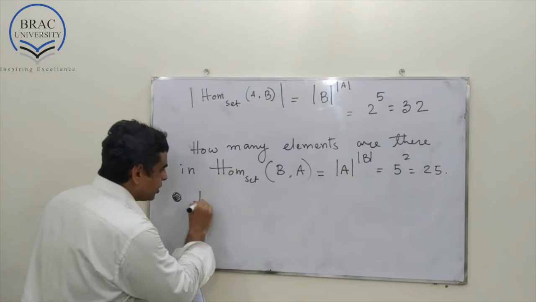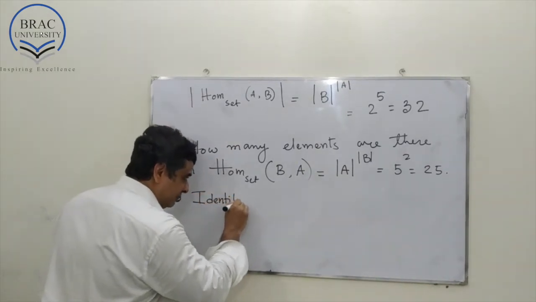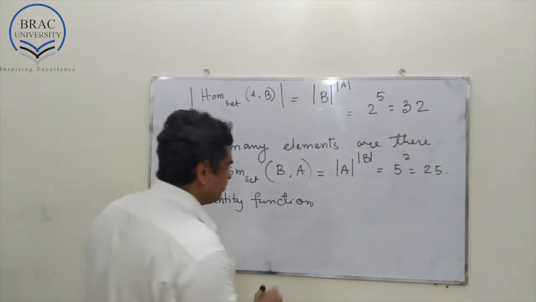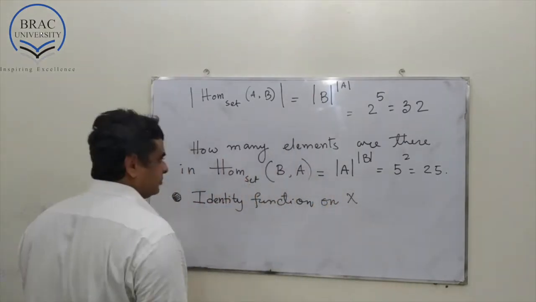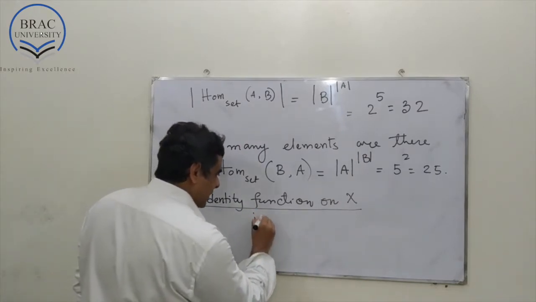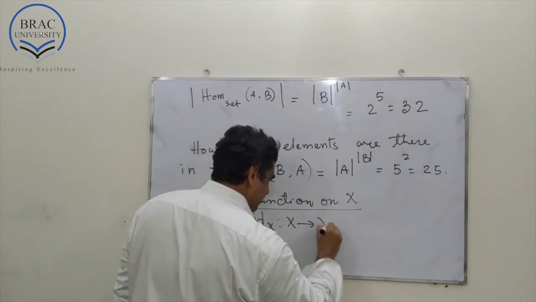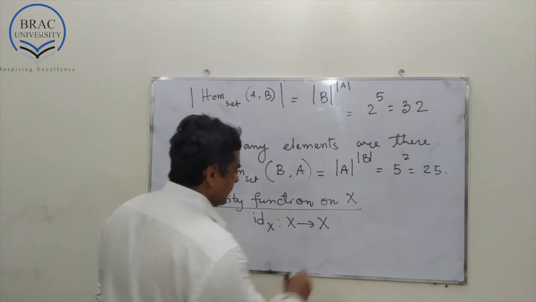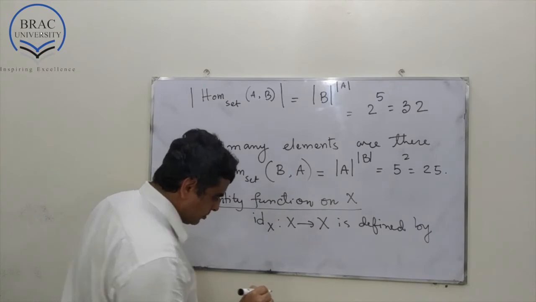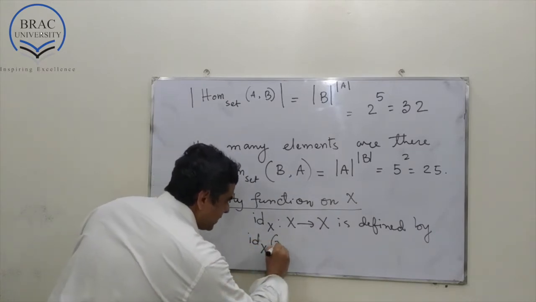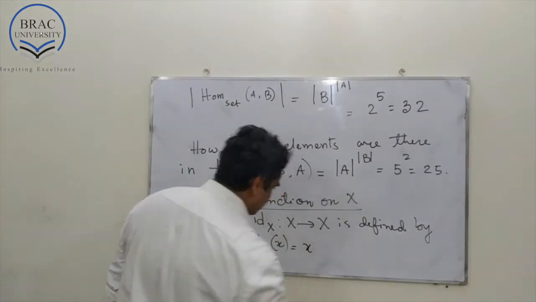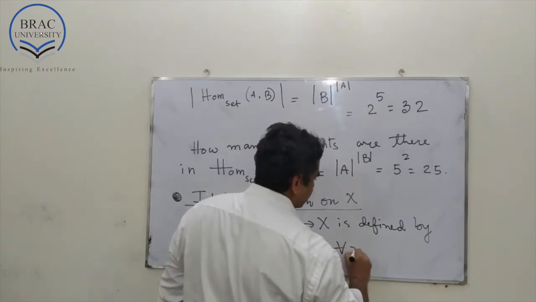Which is called the identity function on X. It's denoted by the identity function on X from X to itself, and is defined by ID_X acting on an element x to return the same element, for all x.